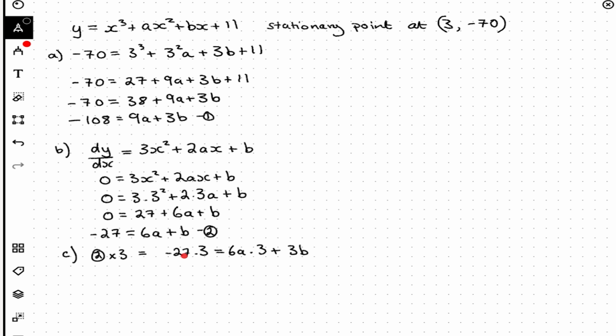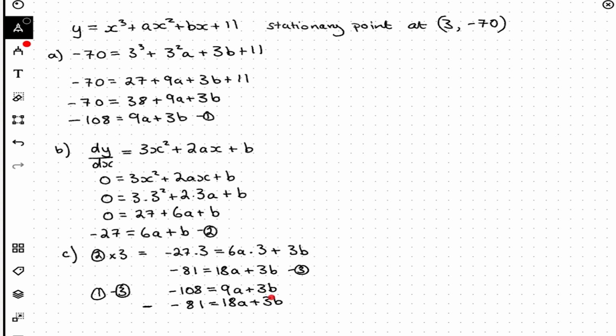27 times 3 is 81. So I end up with minus 81 equals 18a plus 3b, and I'm going to call this equation 3. So equation 1 take away equation 3: I end up with minus 108 equals 9a plus 3b, and I'm going to take away minus 81 equals 18a plus 3b.